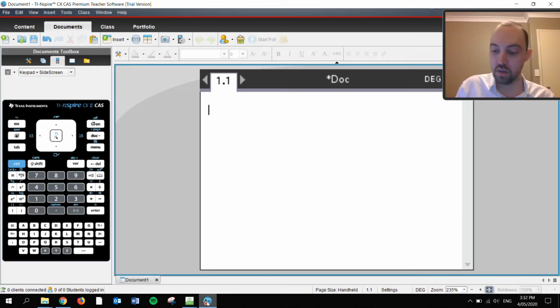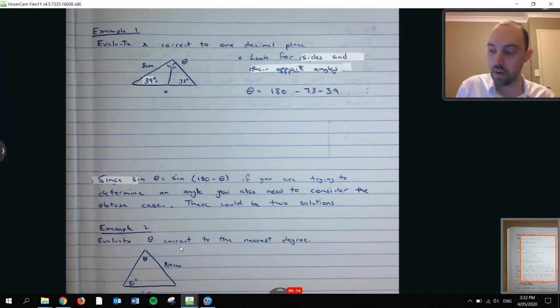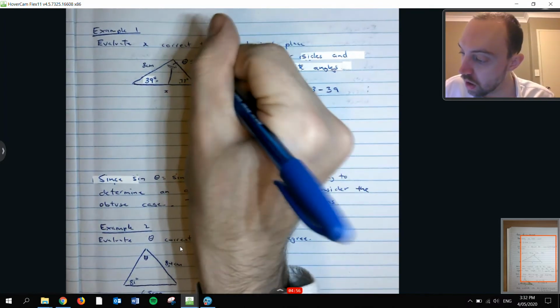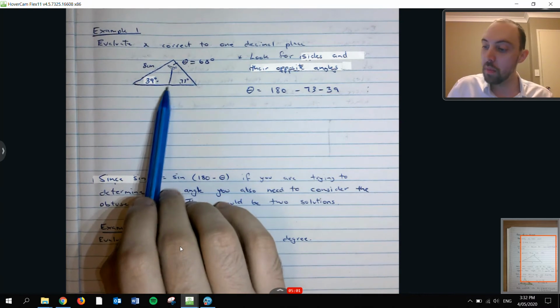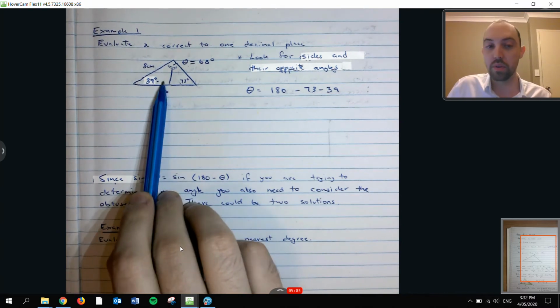And just to make sure I don't mess that up, 180 take 73 take 39, 68 degrees. The reason we're doing that is because it's opposite the unknown side which we're trying to work out.